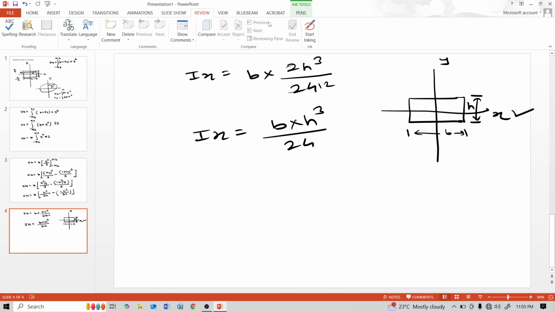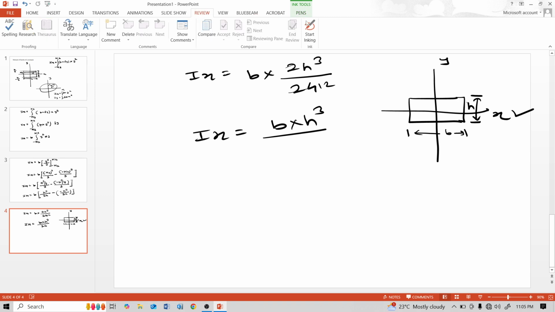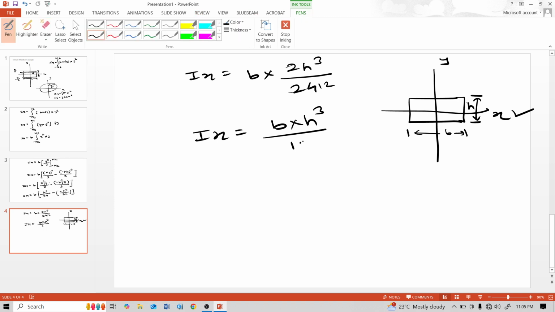So here the 12 term: b h cube by 12. And here Iy is h b cube by 12. Similarly, solve like this: Iy is h b cube by 12.